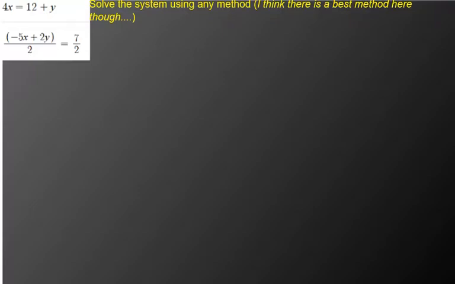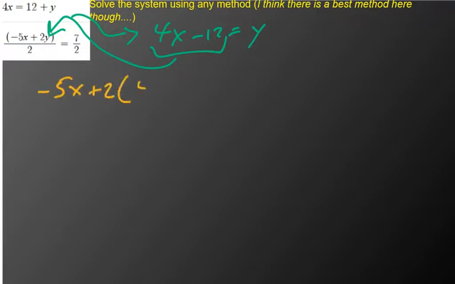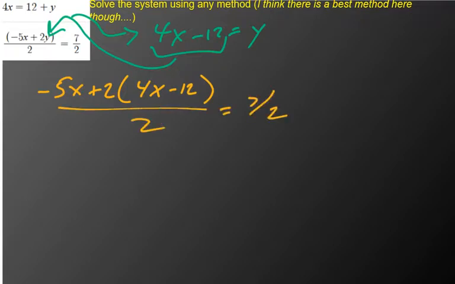So the first equation, if I solve for y, I would get that. Then if I take that y value and plug it in right there, I'm going to get negative 5x plus 2 times (4x minus 12) all over 2 equals 7 over 2. This is kind of nice because they're both over 2, so you could multiply by 2 and basically just cancel that out.